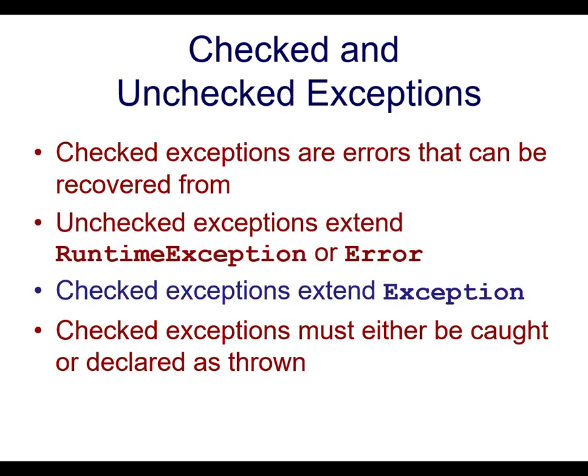Checked exceptions are subclasses of Exception that are not subclasses of RuntimeException. What we need to know as programmers is that checked exceptions must either be caught or declared as thrown. Failing to do so will generate a compilation error. We will see in Part 2 how we can declare an exception as thrown.